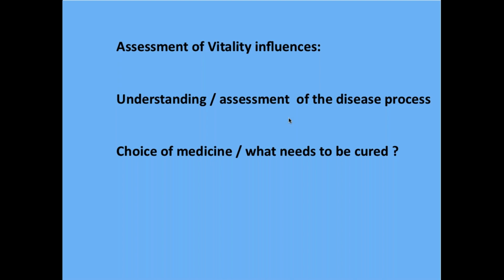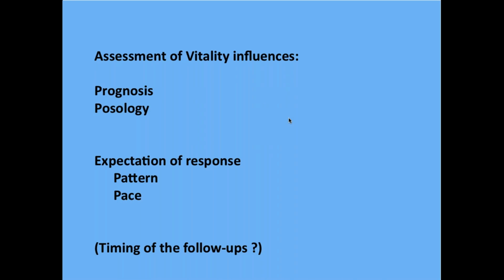We talk a lot about individuals who are too sick to make symptoms, or too sick to actually get a coherent response. When we talk about vitality, we talk about the P's that I love, the whole business of prognosis.